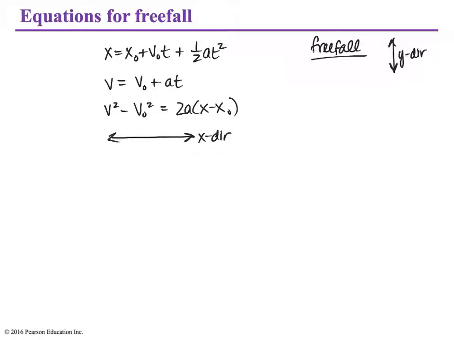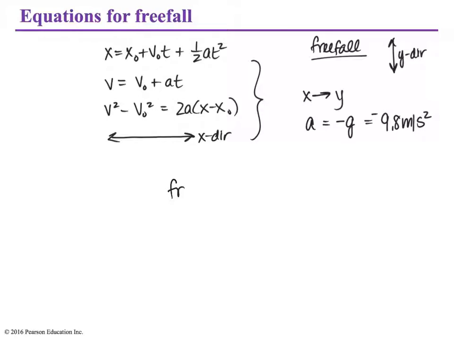So one change is that x changes to y, which is more convenient. And the acceleration is equal to minus g, which is minus 9.8 meters per second squared. Be careful that you don't put two negative signs in there. The minus g corresponds to minus 9.8.